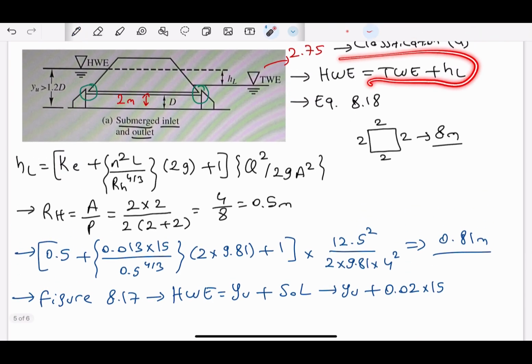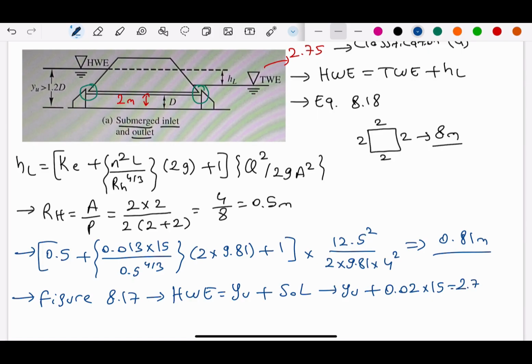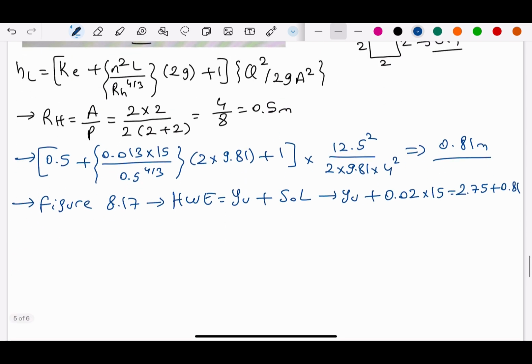So we are using this equation now. This is equal to tailwater, which was 2.75, plus 0.81 meters, which is the head loss. And from this figure, the depth at upstream will be 3.26 meters.